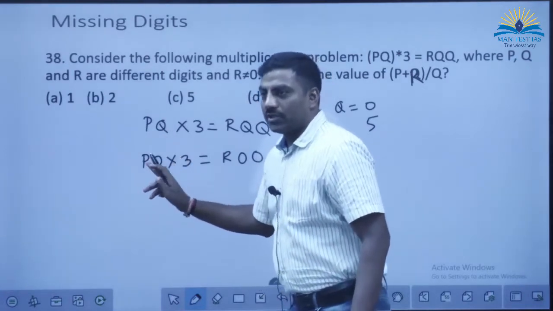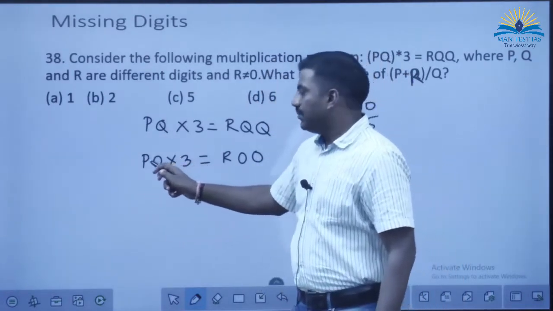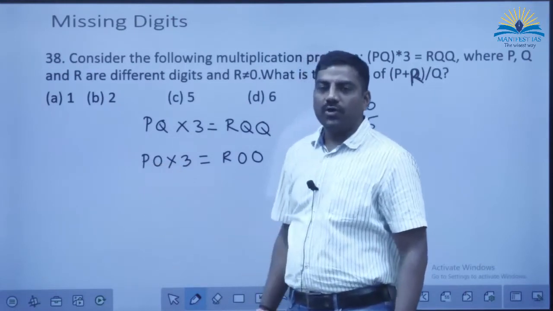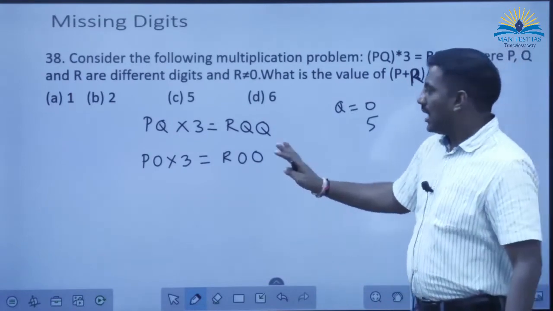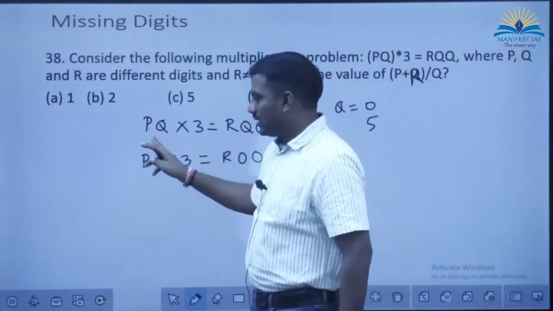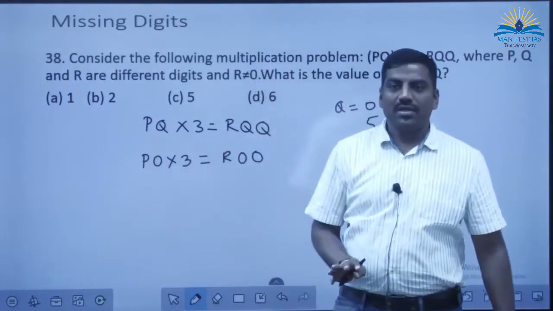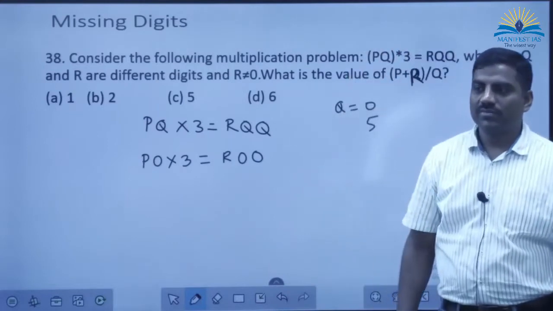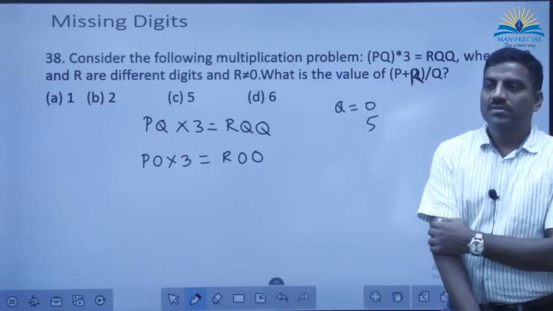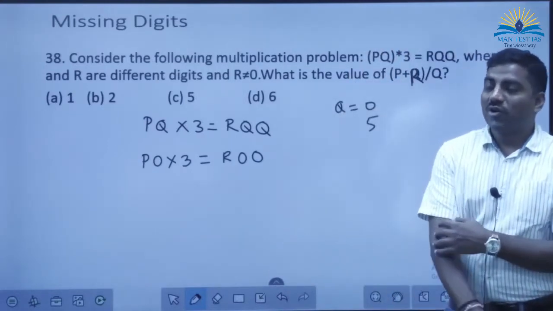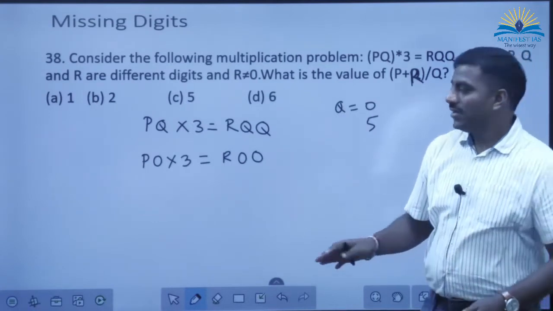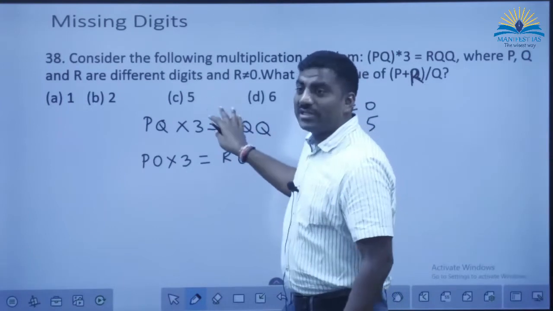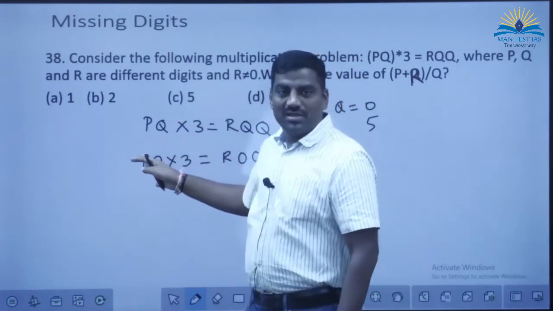So, what can be the range of values for P? I am just asking, don't consider all that. P can assume how many values totally? Forget about the question. P is a variable.